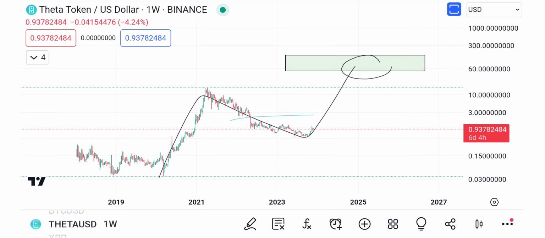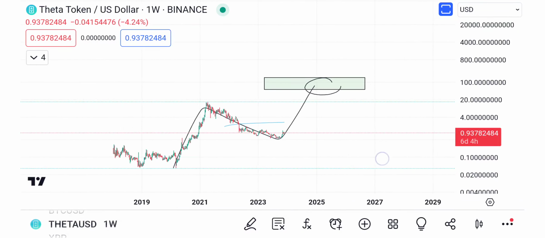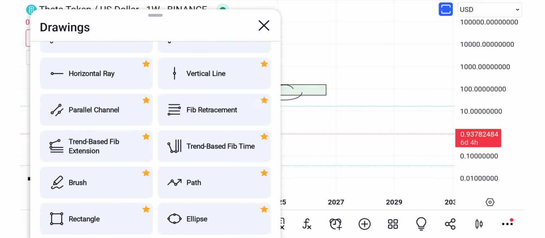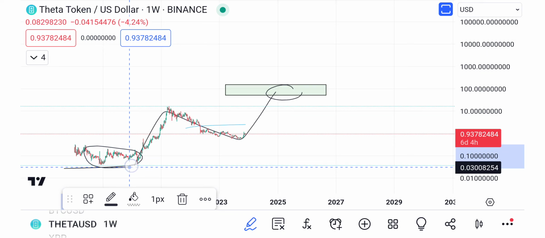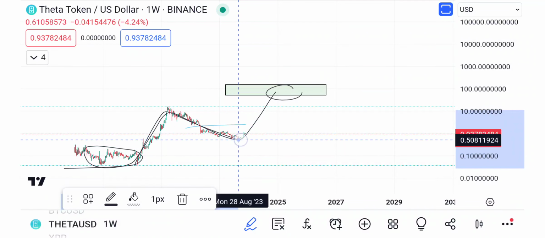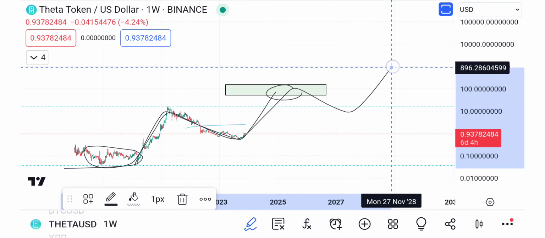Because at the end of the day, what do we need? We need regulations. That's number one, right? If we want to see Theta hit like I had in our previous video, this is our base. This is wave 1. This is wave 2. This is wave 3. This is wave 4. This is wave 5, right?